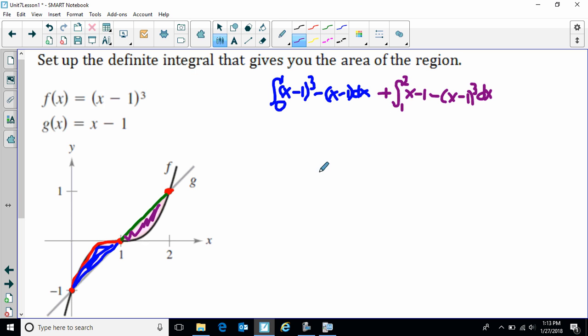What I'm going to do now to integrate is put these functions in my calculator. First, I'm going to find my blue integral right here.